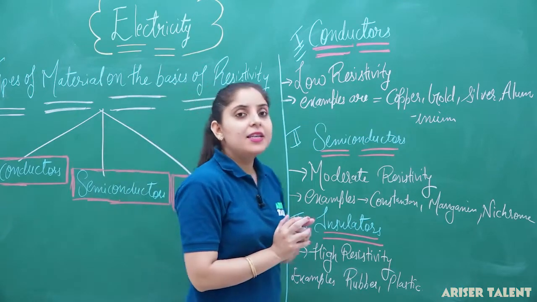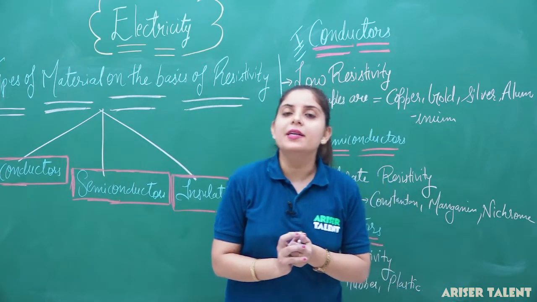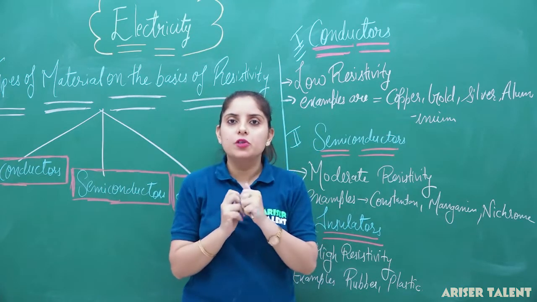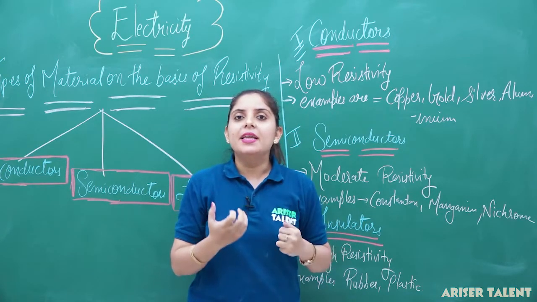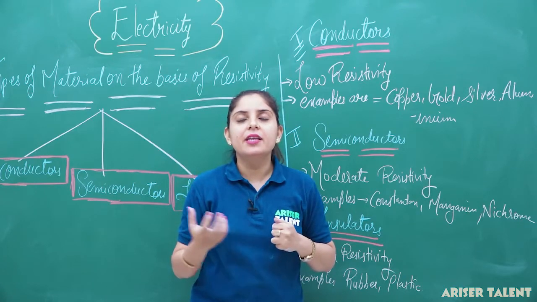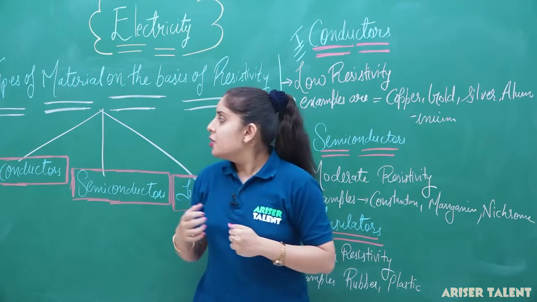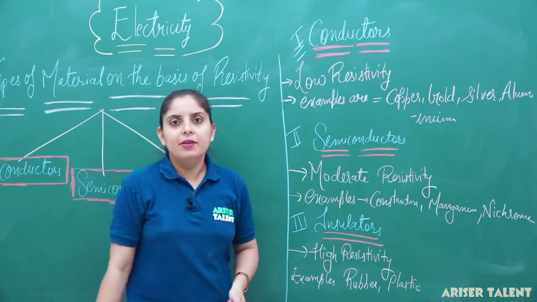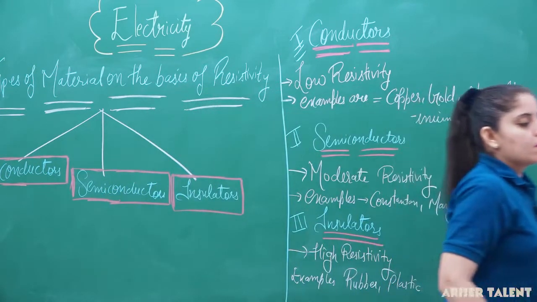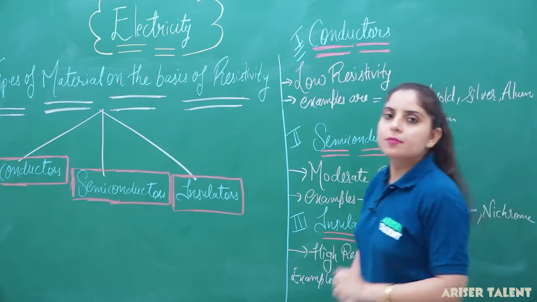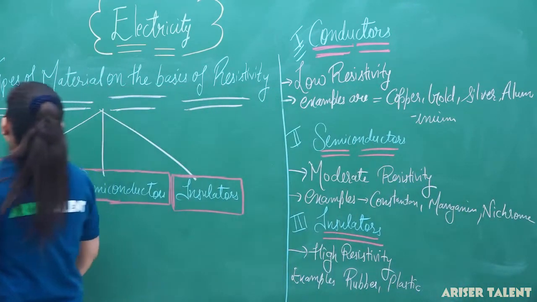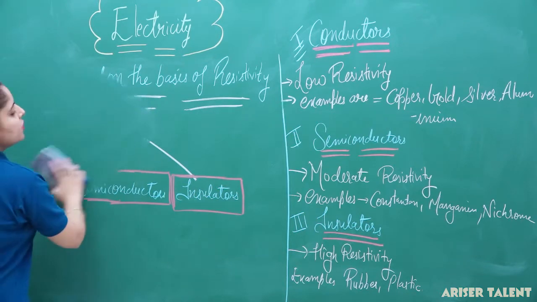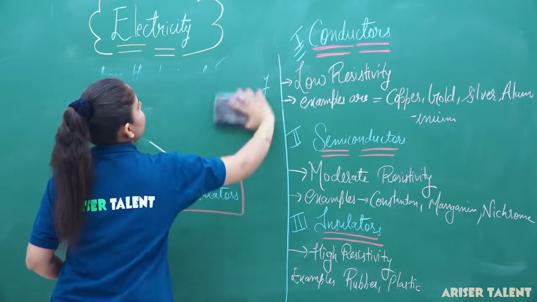Now, there is one more term, that is conductivity. Conductivity and resistivity are just opposite to each other. It means the material which has a very high conductivity has a very low resistivity.